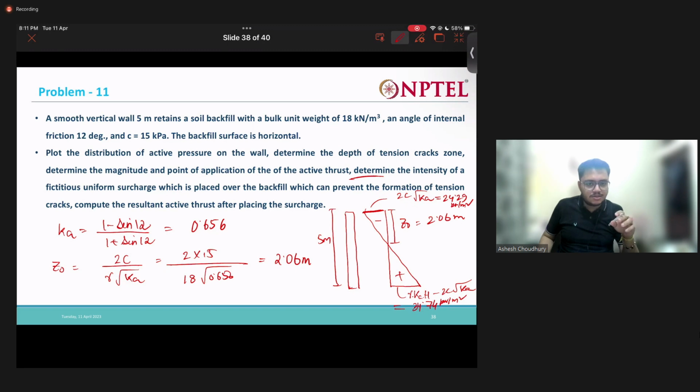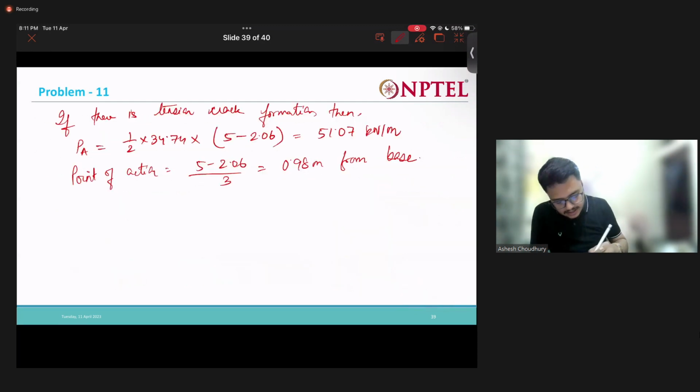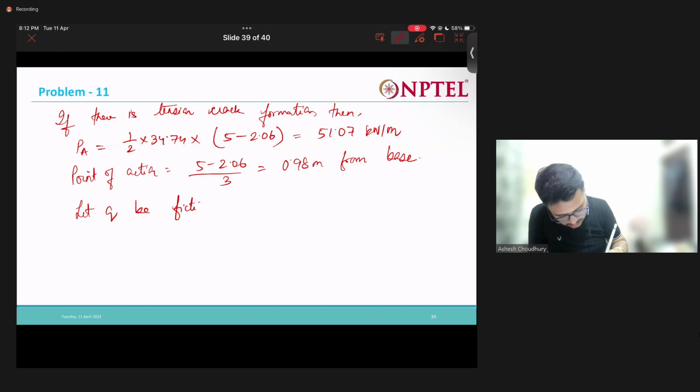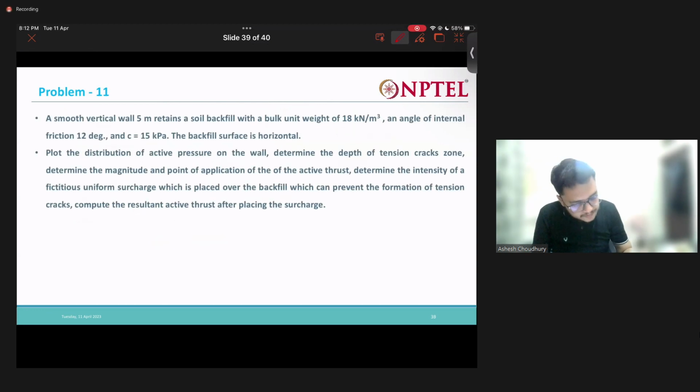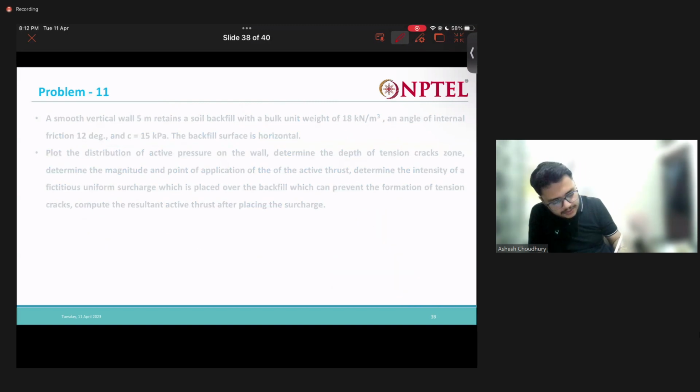This 24.29 is negative. This should be cancelled by applying a surcharge. So let Q be the fictitious surcharge. K times Q should be equal to this 24.29.